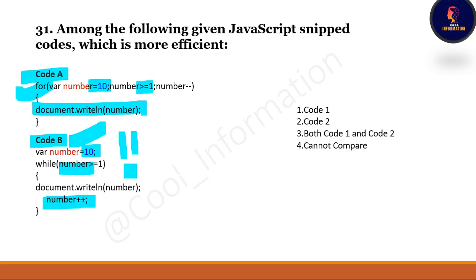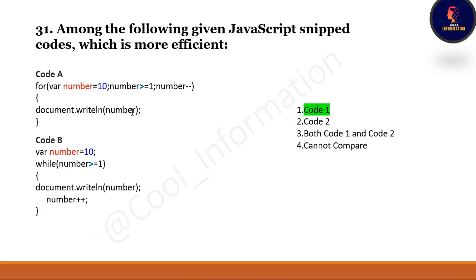So this is an infinite loop. This is not efficient code, it may lead to a runtime error. So the correct option is option number A only. Code A is more efficient, because code B leads to an infinite loop and it may cause a runtime error if you run this code.